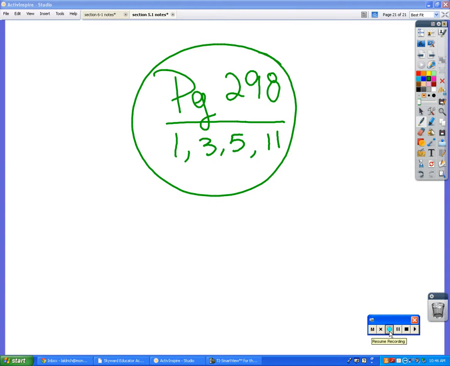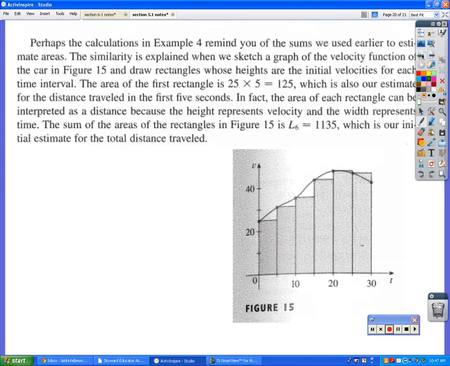Okay, so just 4 problems for you to work on. The first one, they give you the graph, and then you have to draw in the rectangles the way that you are told, using the number of rectangles they want you to use, and use those to find the area. 3 and 5, sorry, they're giving you the equation, and you have to figure out the area underneath.